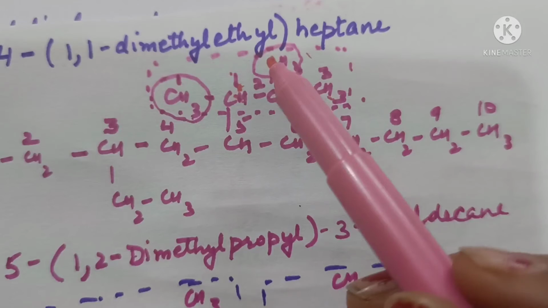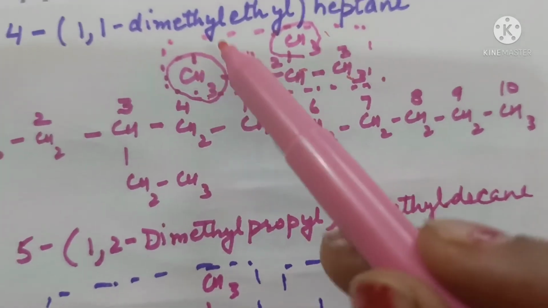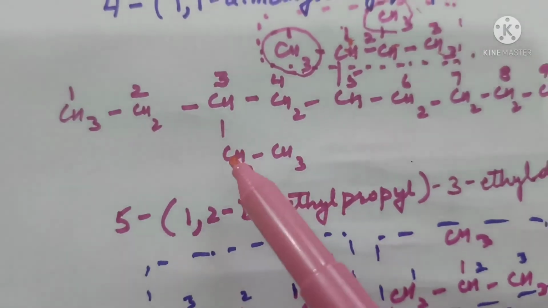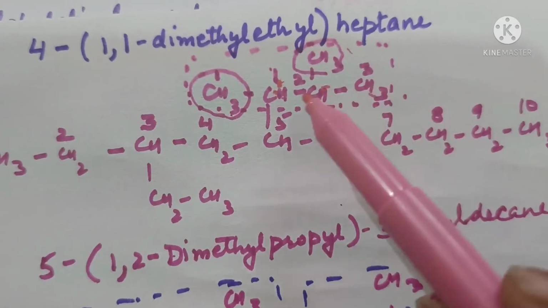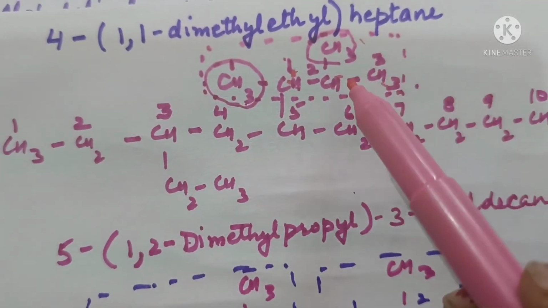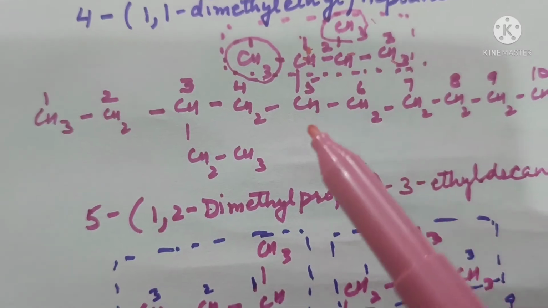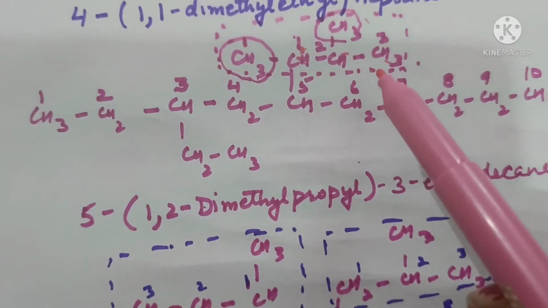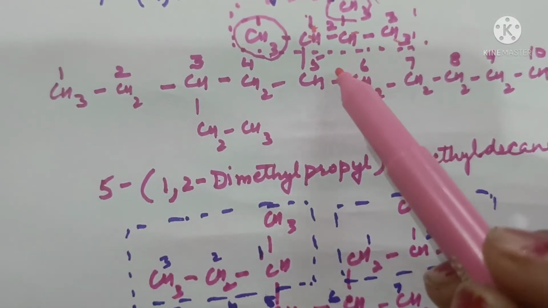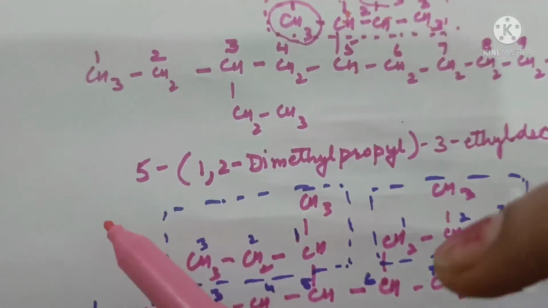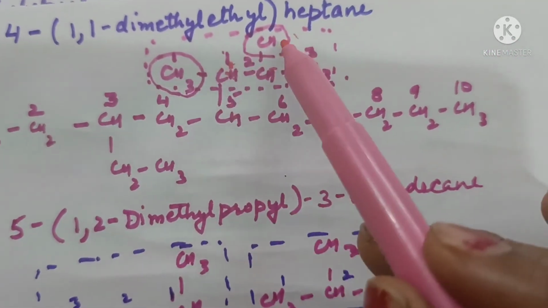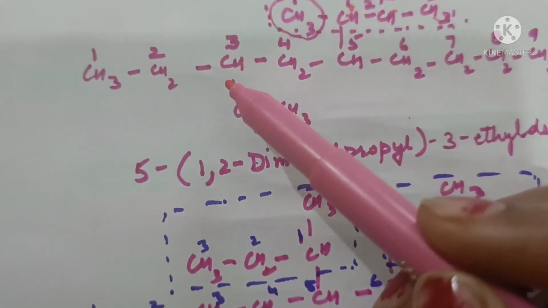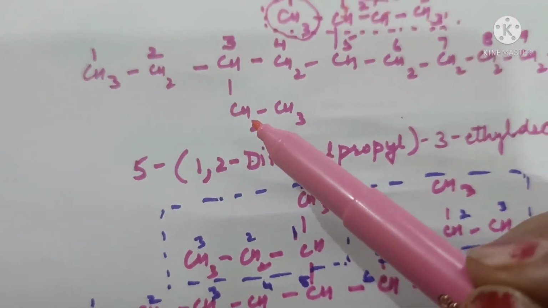Now because dimethyl starts with the alphabet D and the other substituent starts with the alphabet E, the complex substituent, because it starts with D which comes first in the English alphabetical order, will be named first. So the name of the compound will be 5, first we name the complex substituent 5, then in brackets 1,2-dimethyl propyl.